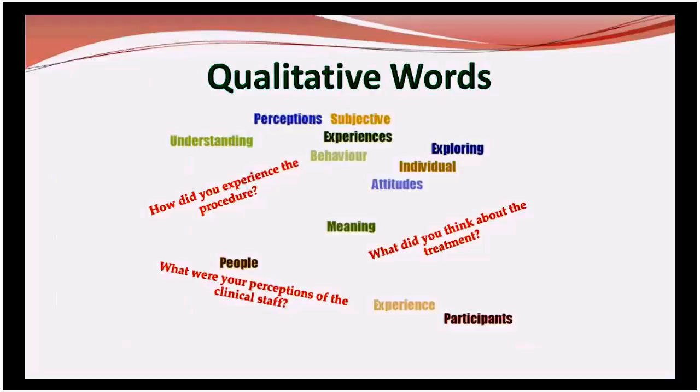It's not our job as researchers to interpret or redirect what people are saying to fit our agendas. It's about simply taking what people say and reporting their own unique experiences, their perceptions, their understanding, not your understanding. There's no right or wrong in qualitative research because we respect everybody's right to their individual experience.